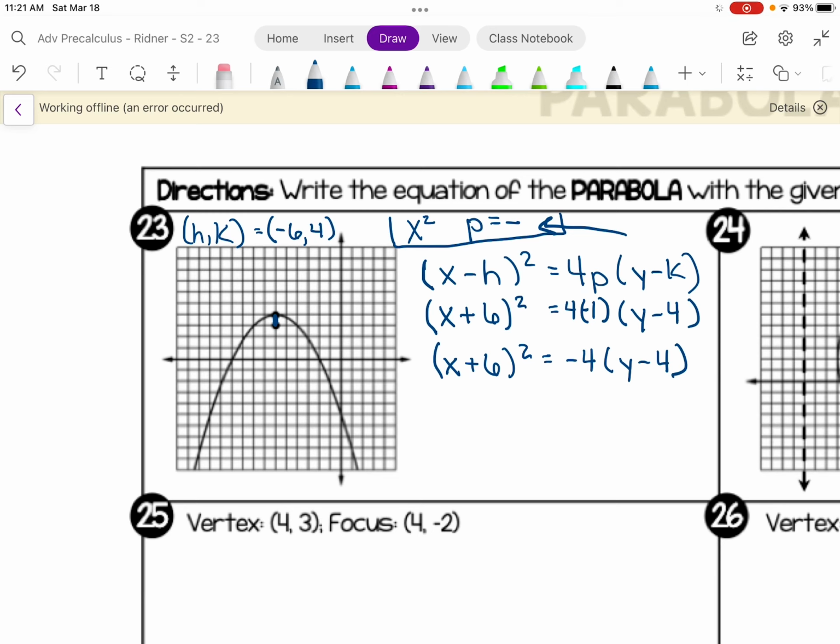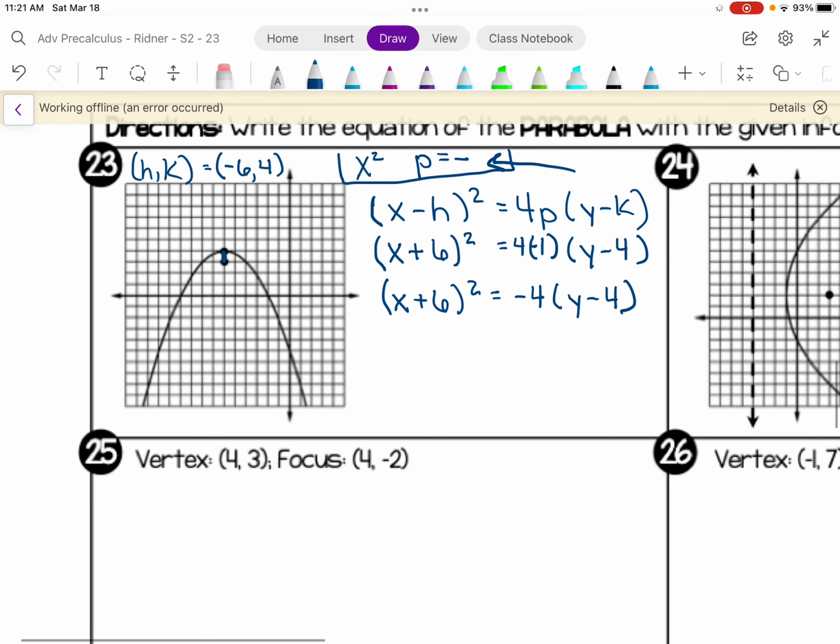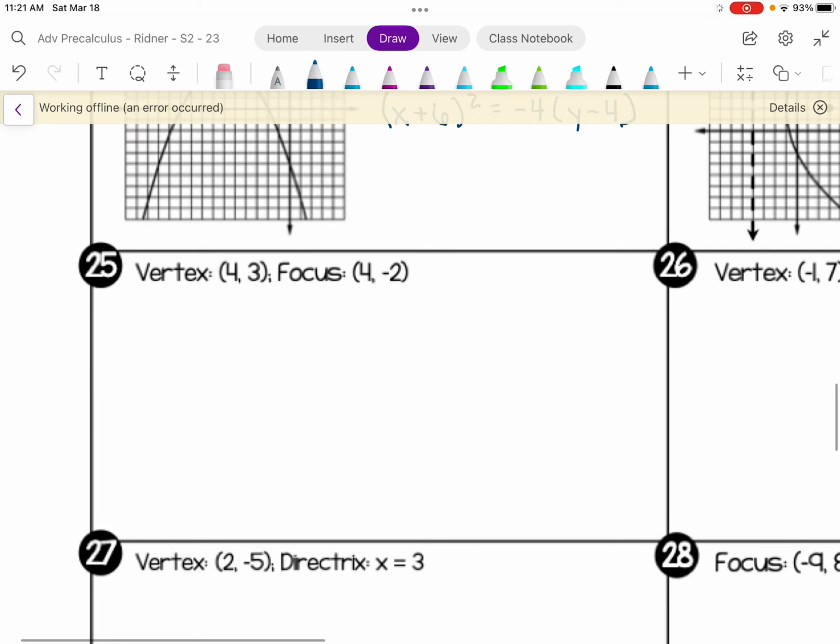To save you some time, on the next slide I will show you the answer to 24. You just hit pause and try it on your own first. And I will tell you that for the rest of these, until I've done them 1,000 times, I have to draw myself a little picture. Here's 4 over, 3 up.